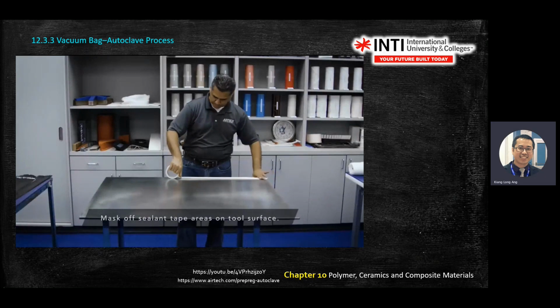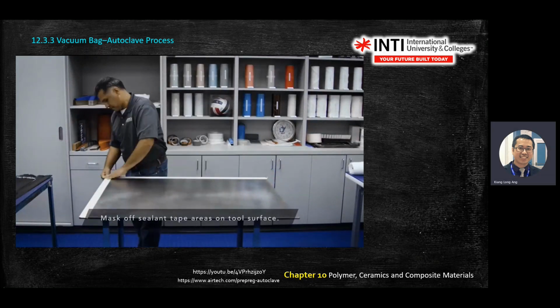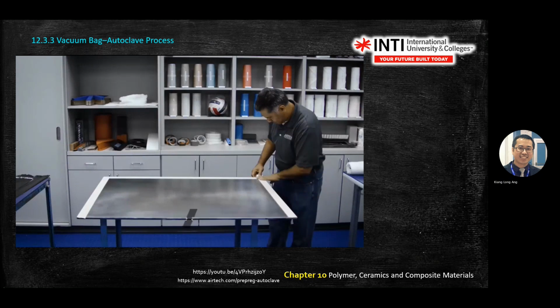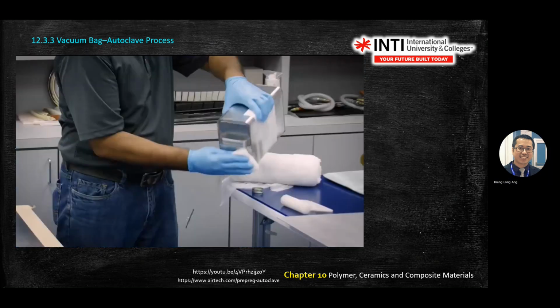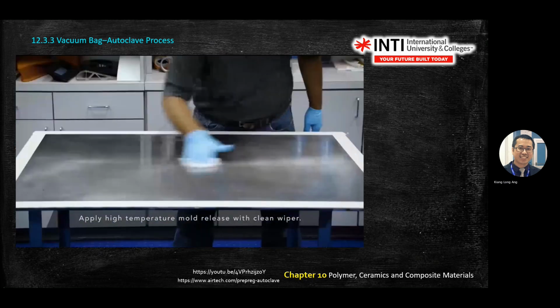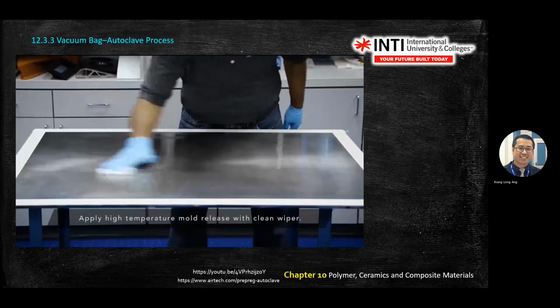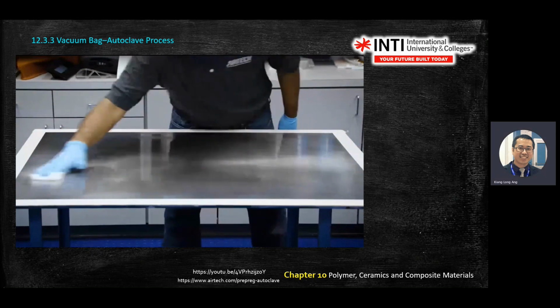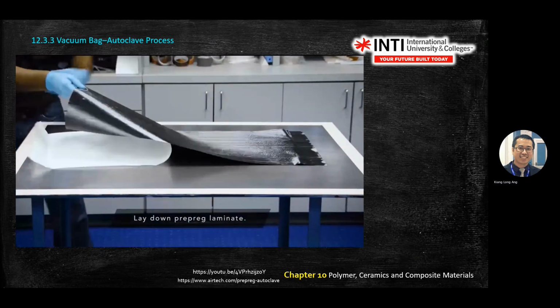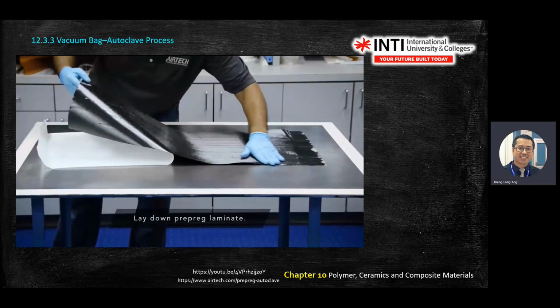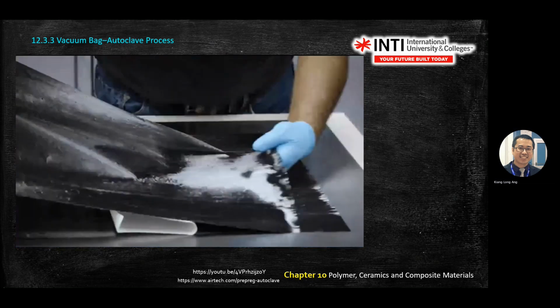So I show you how to do the vacuum bag autoclave process. We prepared a sample. This is a mold release. This is the first layer, the laminate.